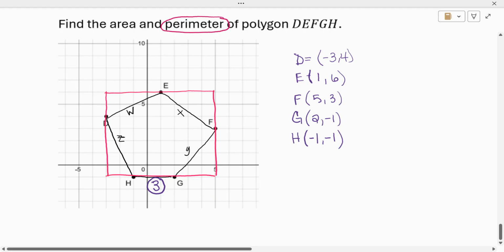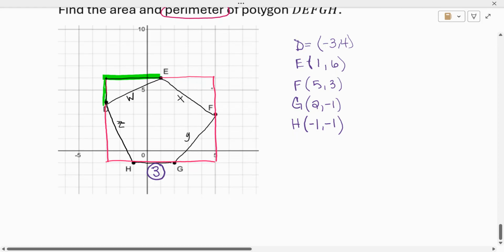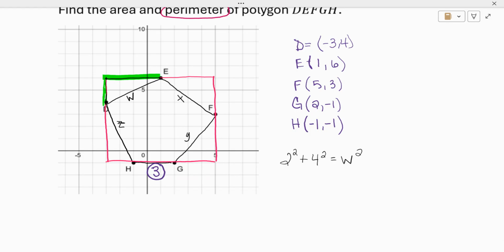So I'm going to start right up here with triangle W. What are the 2 legs of my right triangle that I'm putting into the Pythagorean theorem? 2 squared plus 4 squared equals W squared. Tell me what 2 squared plus 4 squared is all together. I want one final number.